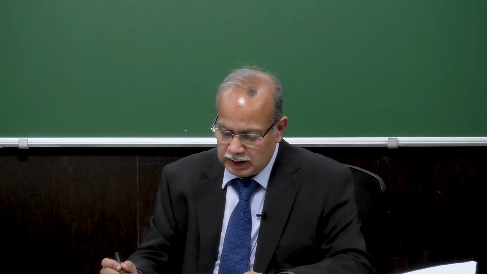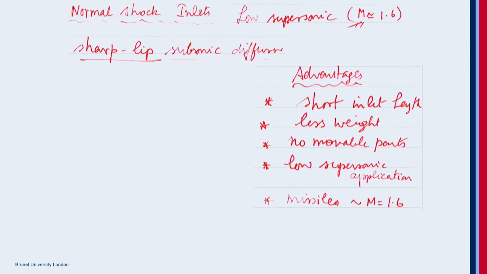Normal shock inlets. The main advantage of the normal shock inlet is this, what I mentioned, the normal shock inlet here. It needs to have a sharp lip, because you can see that even a subsonic diffuser could be used for supersonic applications.